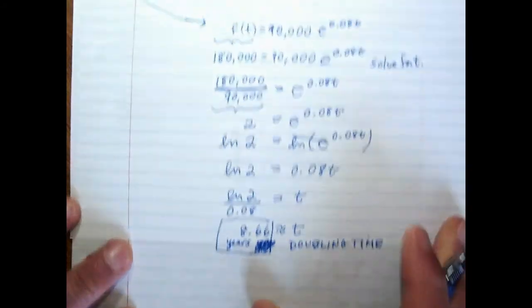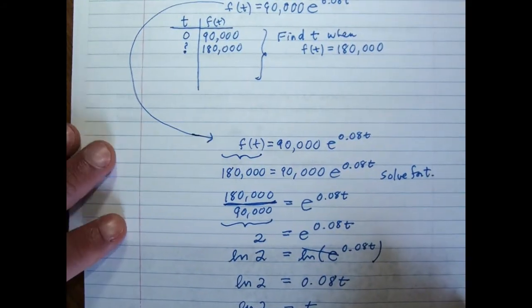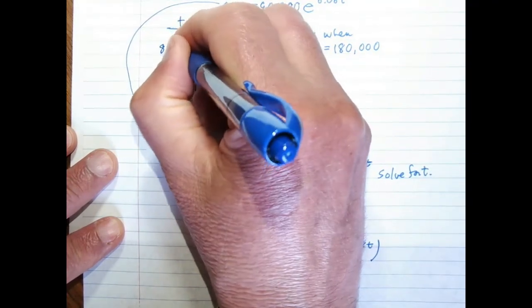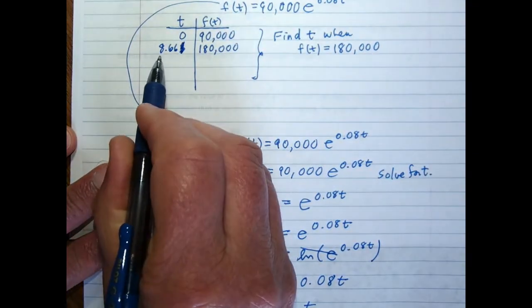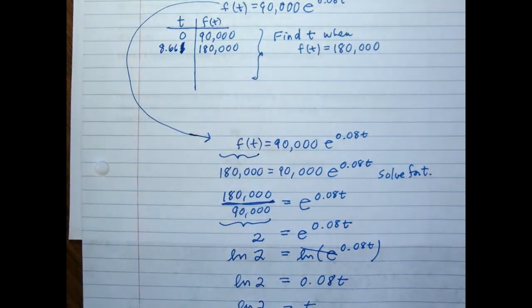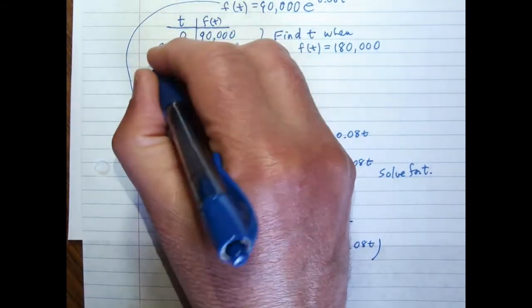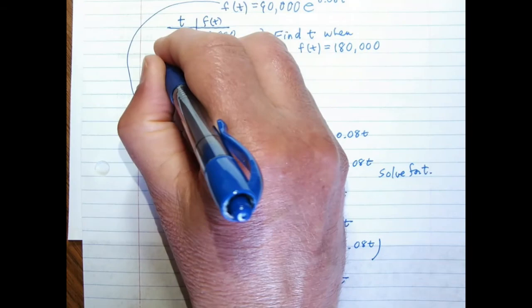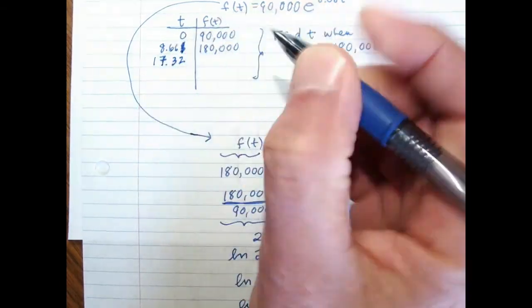So going back to my chart here, we found the t value here is about 8.66. If I went through another 8.66 years, we're not going to check it, I won't make you check it this time. Another 8.66 years is going to be 17.32.